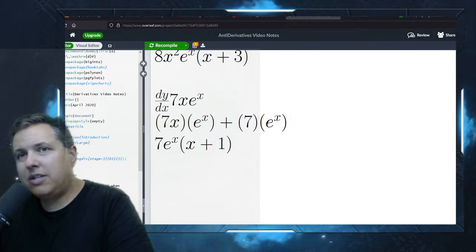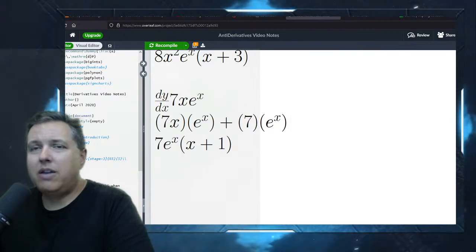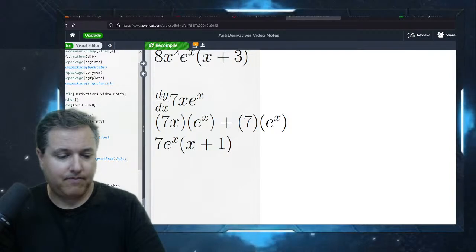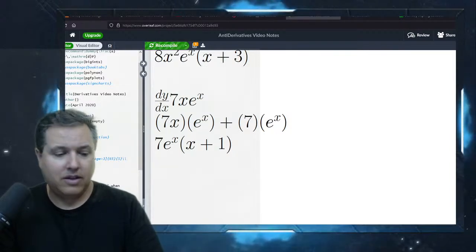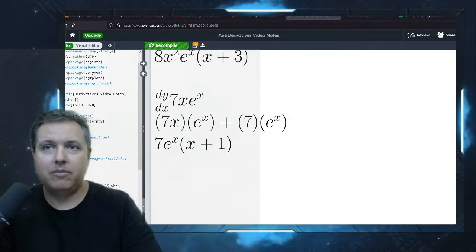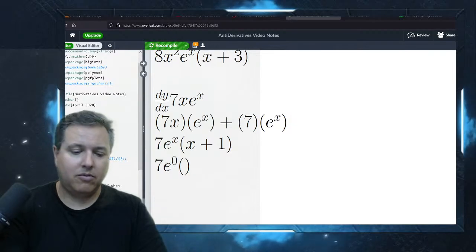So at the point 0, 0, our x is 0. If we evaluate this at 0, we get 7e to the 0 times 0 plus 1.